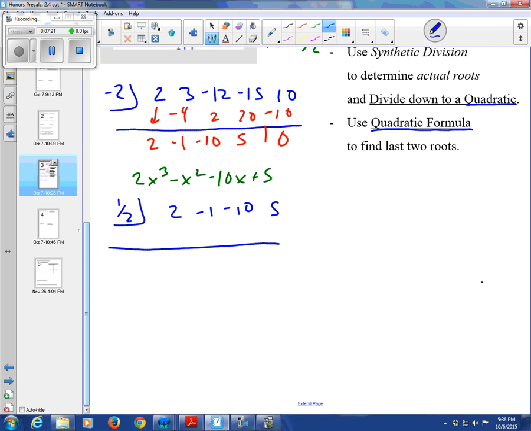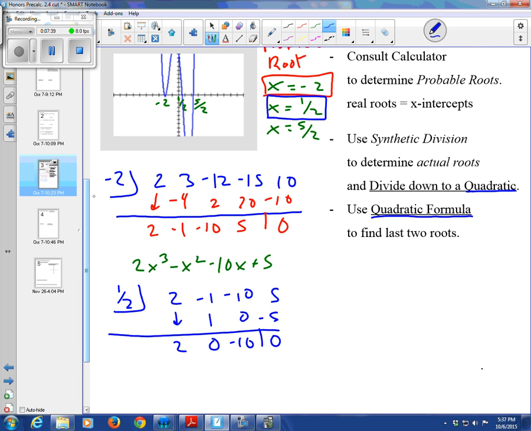I'm going to drop that first coefficient of 2, multiply, I get 1, add, I get 0, multiply again, I get 0, and then add, I get -10, multiply again, I get -5, and add, I get 0. So right here, it turns out that 1/2 is also a root of the polynomial, and the linear factor it represents is one of the linear factors we need to multiply to get that original polynomial f of x.